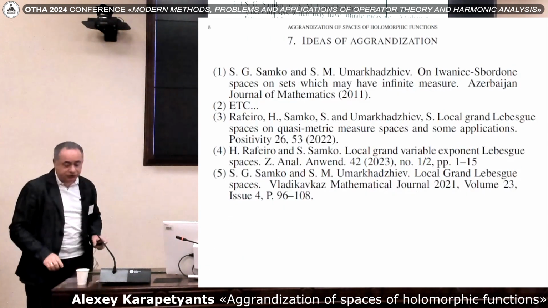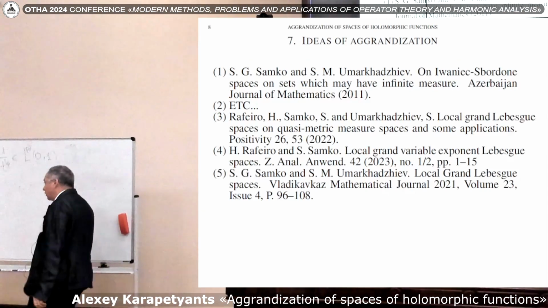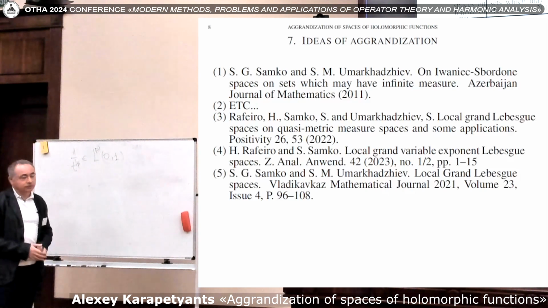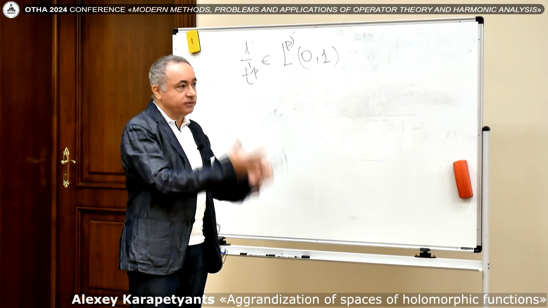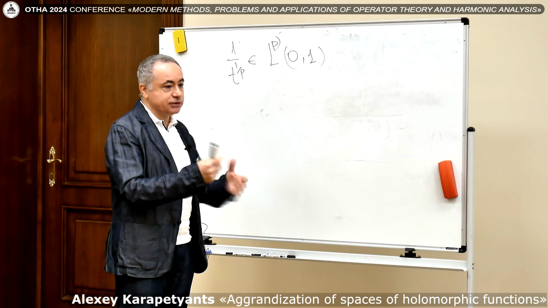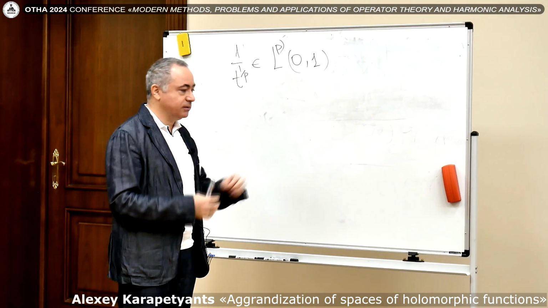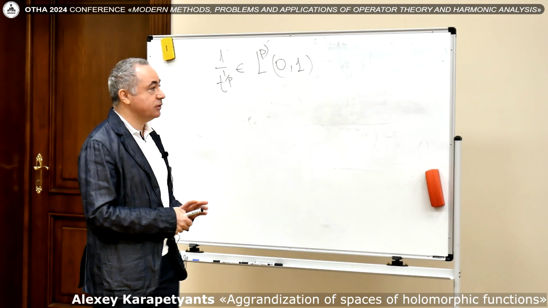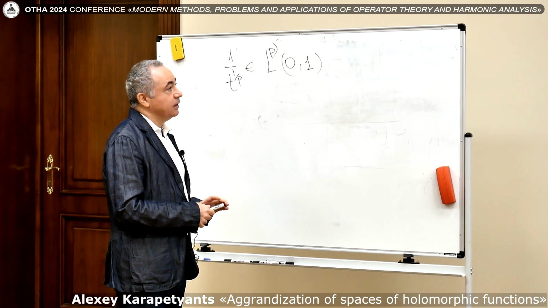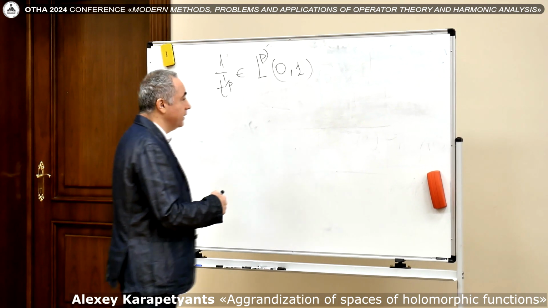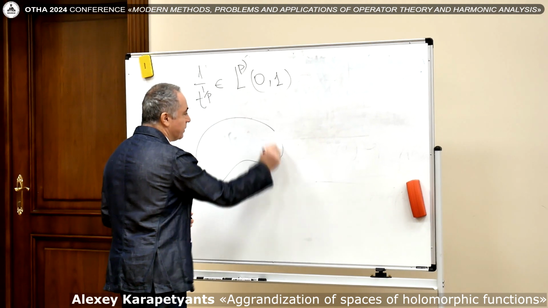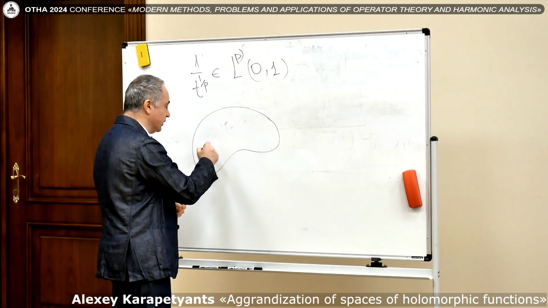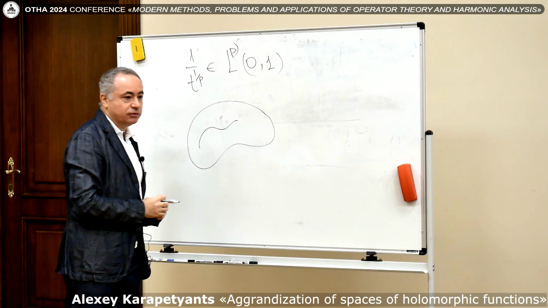Then Samko and Umarkhadzhiev raised the question: what about Grand space for an infinite domain? And they found a method of how to define Grand space in the case of an infinite domain. They called this the grandization procedure, after Umarkhadzhiev defended his doctoral thesis here at Southern Federal University. But later they even started to think about grandization for a finite measure domain, referring grandization to a certain subset of a domain.